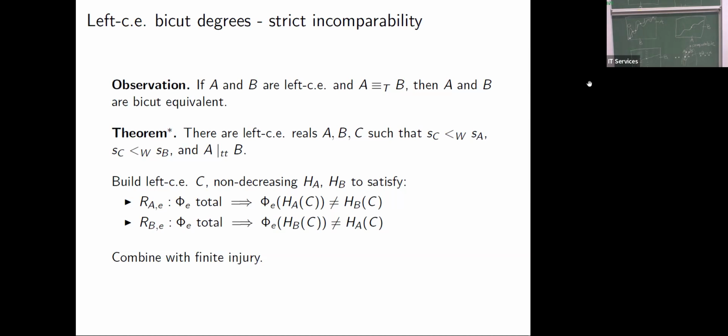Now suppose that we want to force phi_E to make a mistake when using A to compute B. Anywhere that HA is flat, imagine that we moved C into one of these places where HA is flat. Then the left-hand side, phi_E HA of C, is going to have to be not changing, but in that same region, B will be changing a lot.